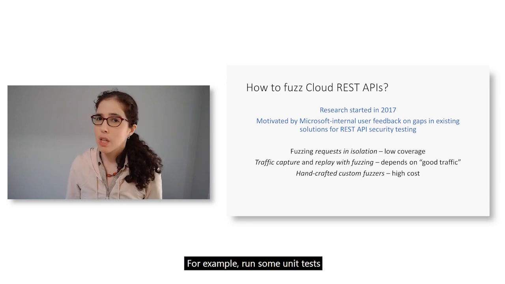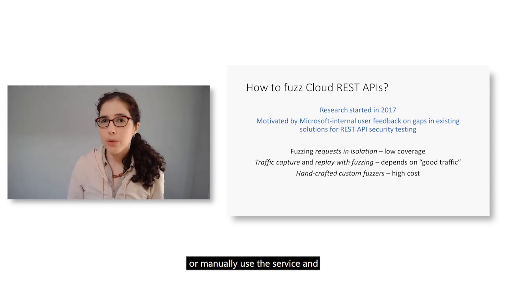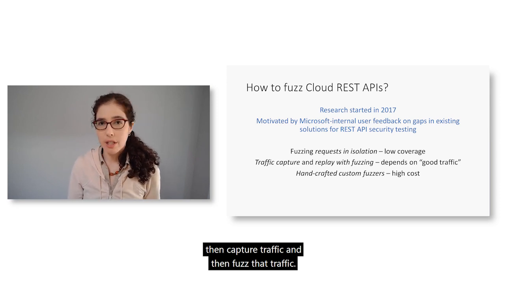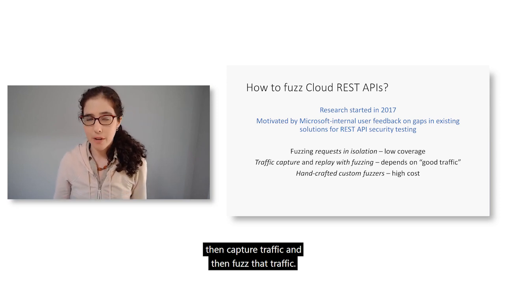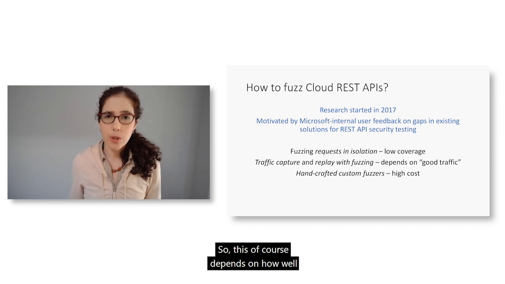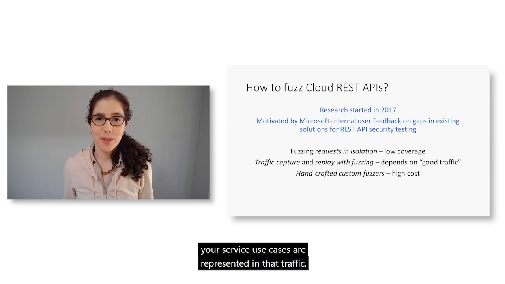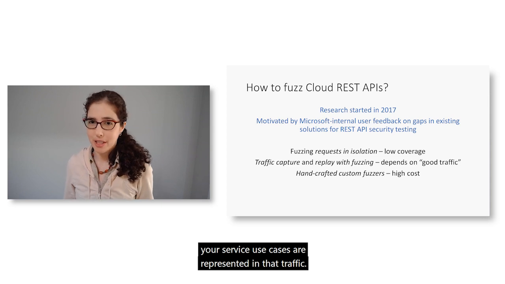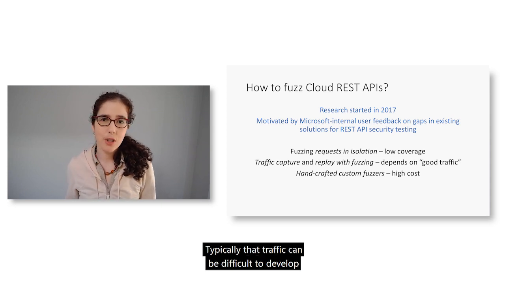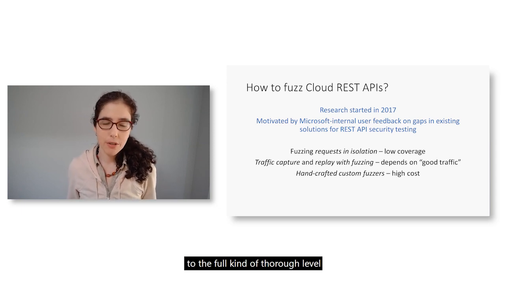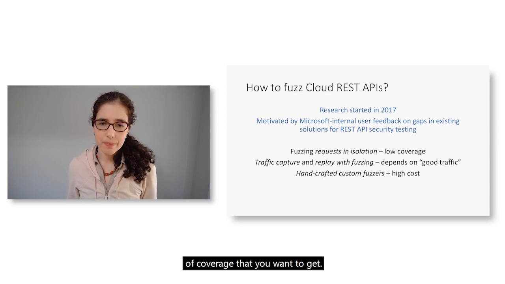So for example, run some unit tests or manually use the service and then capture traffic and then fuzz that traffic. So this, of course, depends on how well your service use cases are represented in that traffic. And typically that traffic can be difficult to develop to the full, thorough level of coverage that you want to get.